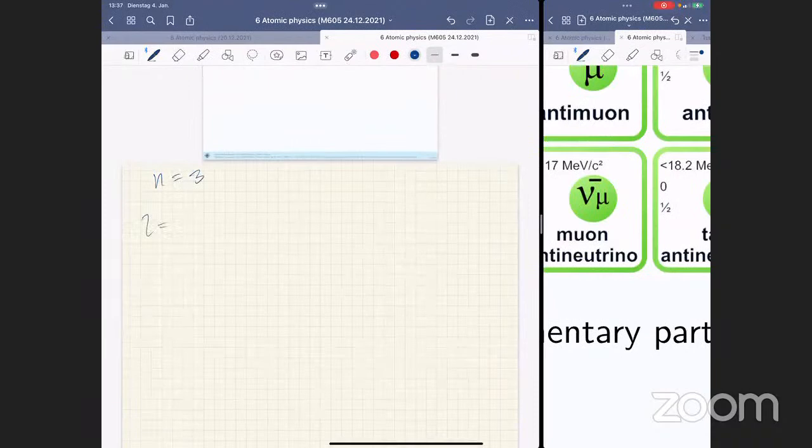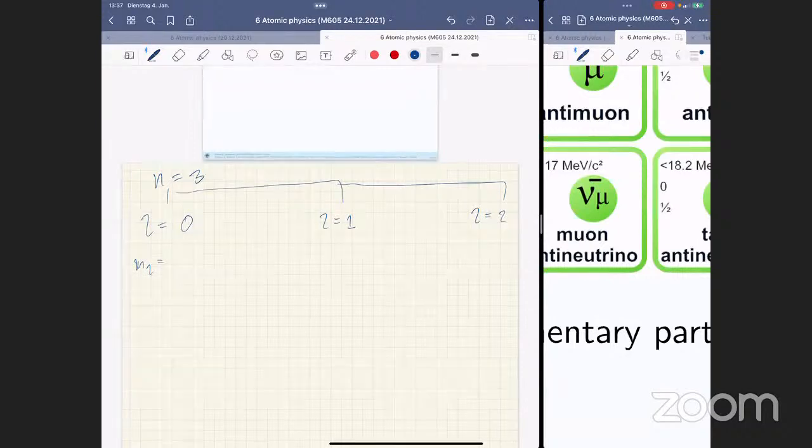L equal to 0, that's the first case. L equal to 1, that's the second case, and L equal to 2 as the third case, right? And again, ML could be from minus L through 0 to L, right?